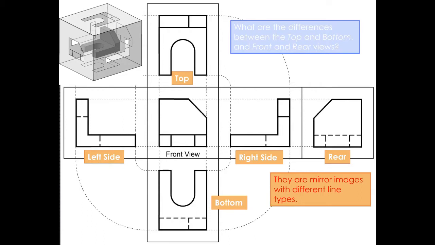Maybe I can draw on this. Let's do pen. So this one, you can't see from the bottom. That's why it's a dotted line. And then this guy here is this one. You can't see it from the bottom, but it's there. So it's a hidden line.